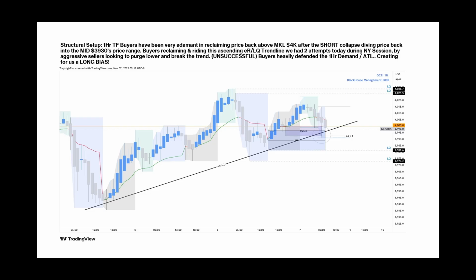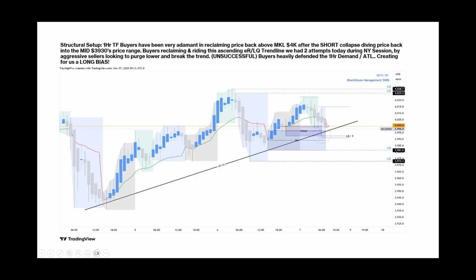On the 1 hour time frame, buyers have been very adamant in reclaiming price back above major key level 4K after the short collapse, driving price back into the mid 3930s price range. Buyers are reclaiming and riding this ascending external range liquidity trend line.